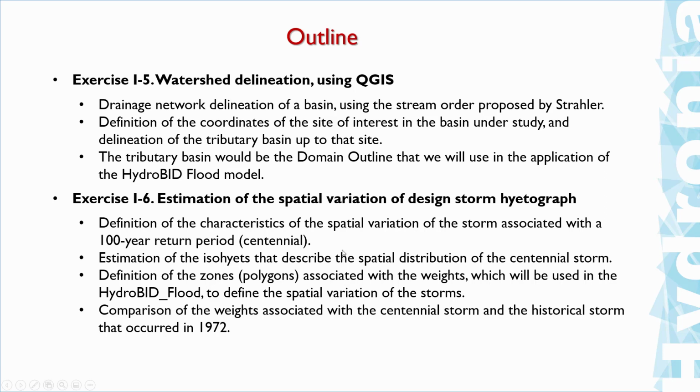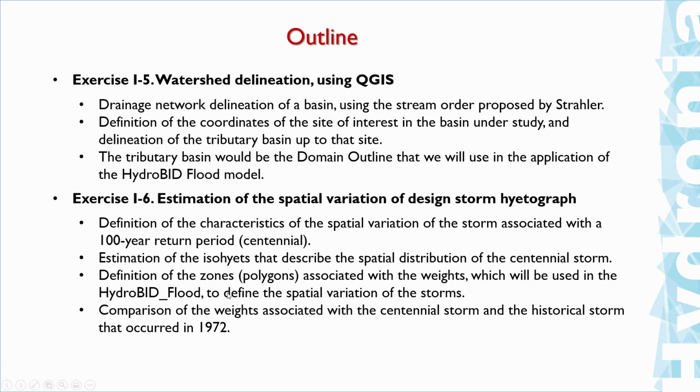In this case, we're going to define the characteristics of the spatial variation of a storm associated with a 100-year return period for a given watershed that we're going to choose as an example. And then the estimation of the isohyets that describe the spatial distribution of the centennial storm, that is the 100-year return period storm.